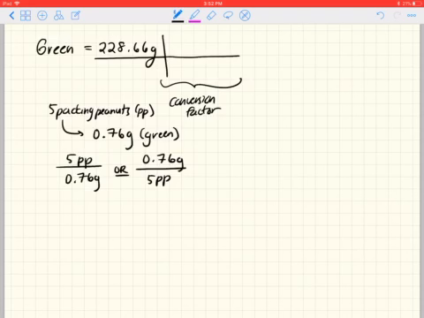All right, so these are what we call conversion factors, and they allow us to convert from one unit to another. Since my end goal is to get to number of packing peanuts, I'm going to set up my conversion factor in such a way that the mass will cancel out diagonally and I am left with packing peanuts on top.